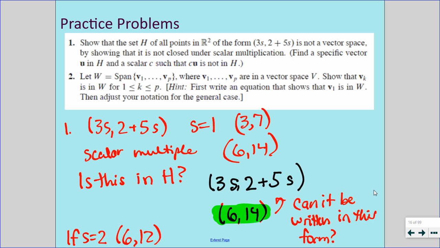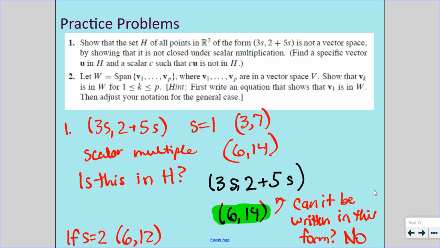So since it is not closed under scalar multiplication, this proves it. It cannot be written in this form.